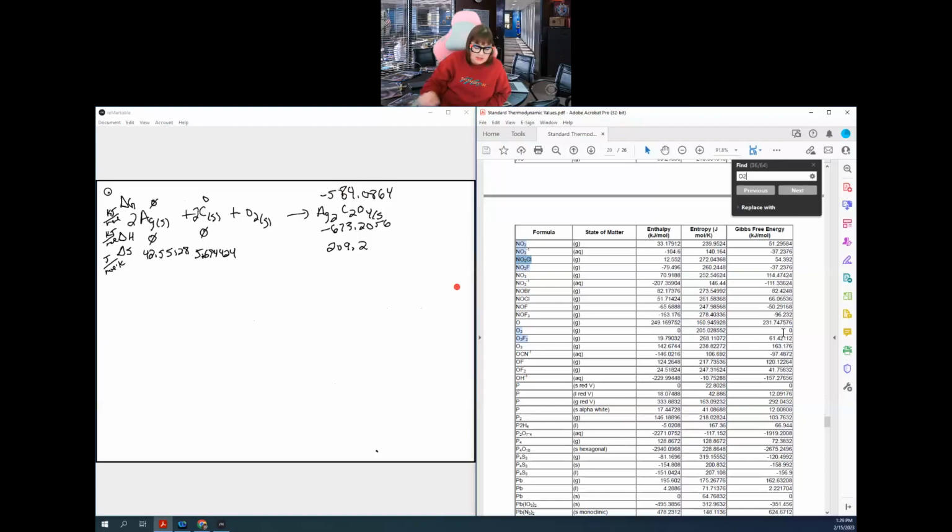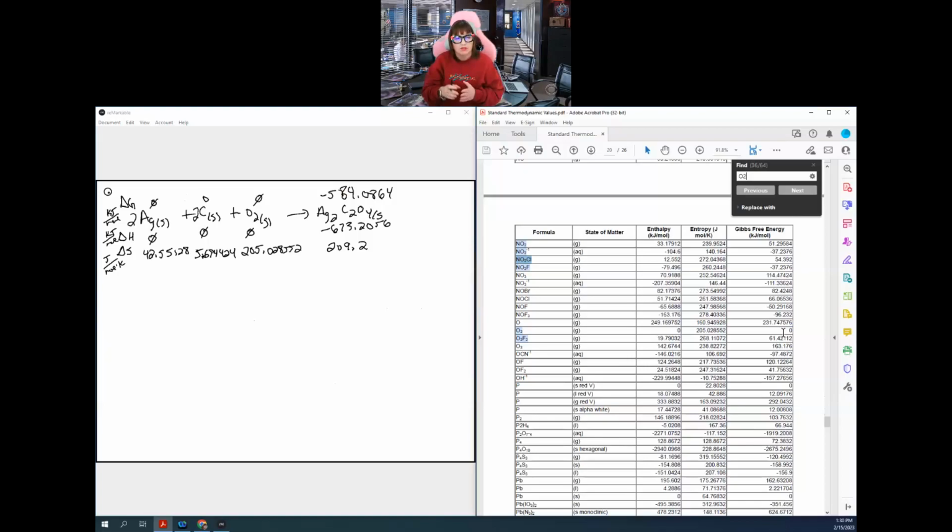Enthalpy is 0, free energy is 0. So again, I'm going to write 0 here, 0 here. And then my O2 gas is 205.0285552. Okay, so now I have all of the values that I would need to do any of the calculations that we've talked about.